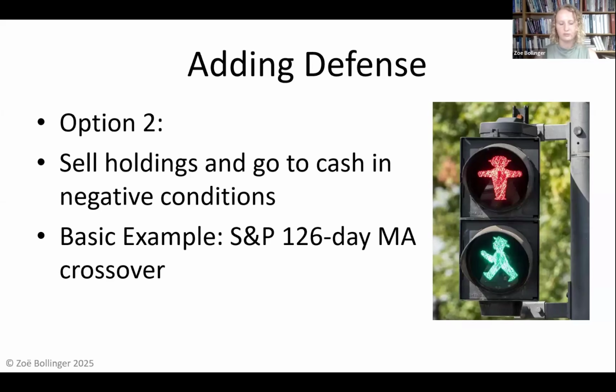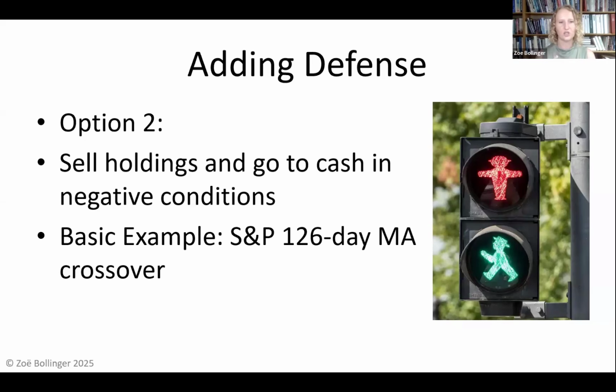So option 2, that was still a little bit too much drawdown for you, a little bit too unpleasant. Relative strength has problems. We just want to be out of it anytime that things are bad. So using that same example of a 6-month moving average for the S&P 500, anytime we get a moving average crossover, we'll just sell all our holdings and go to cash.